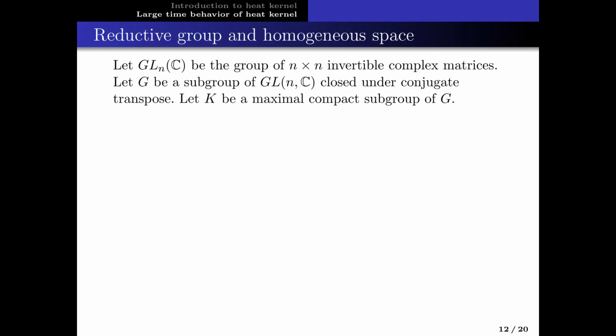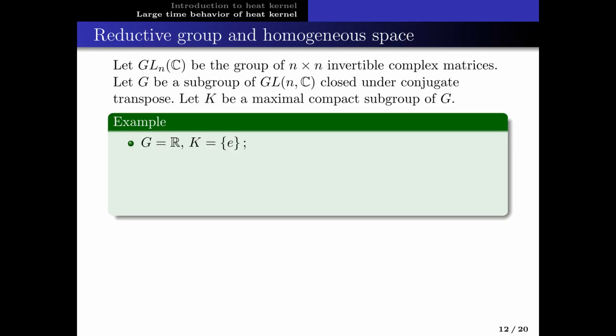Now, maybe we look at some examples to have some familiarity with this setup. One example is we can consider G to be the real line, and K is just trivial. We can also consider GLNR, the general invertible real valued matrices, and the orthogonal matrices.